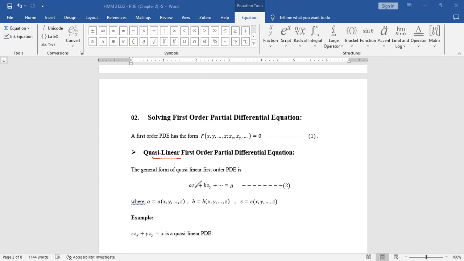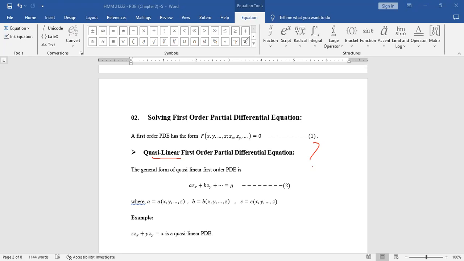Quasi-linear general form? No, I'm asking the general form.